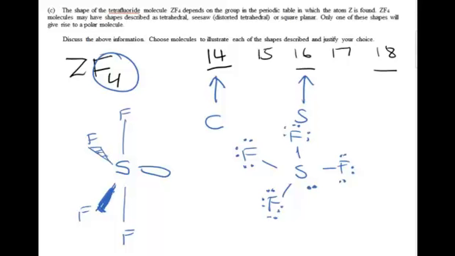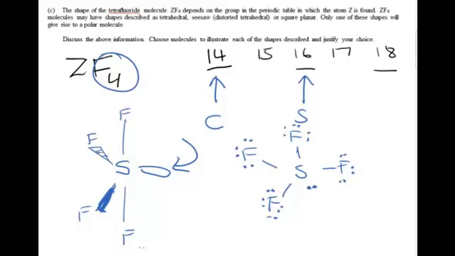Now this is a polar structure because we've got this lone pair of electrons here. I shouldn't say lose, but the lone pair tends to be around the equatorial position. This is the equator around the middle, and that's because it minimizes repulsions. There's less repulsion here than if it was at the top or the bottom, at the poles. So that would be a polar molecule.